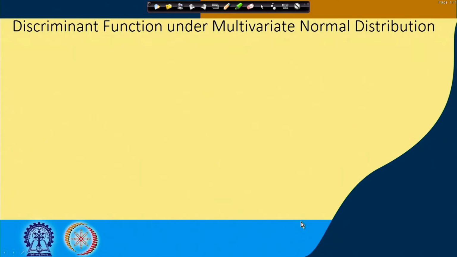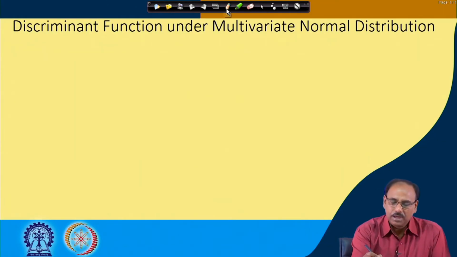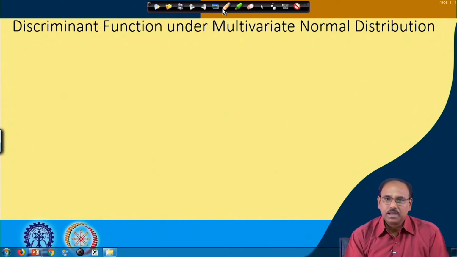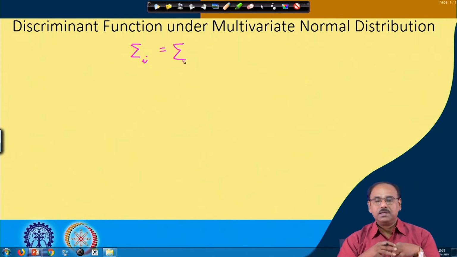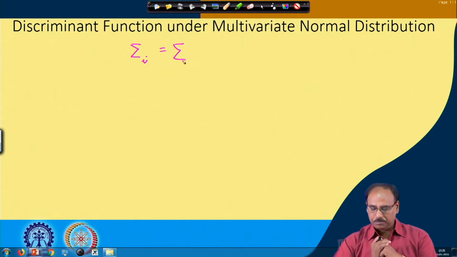Where we stopped in the previous lecture is the case where the covariance matrix sigma I is equal to sigma. That means, the covariance matrix of all the classes is the same, but here the covariance matrices need not be diagonal only.